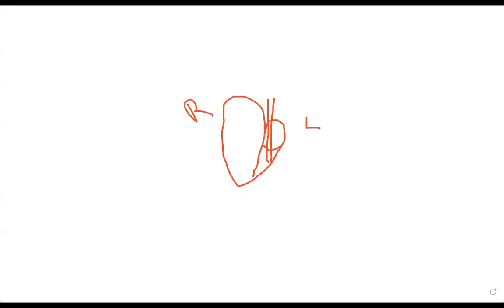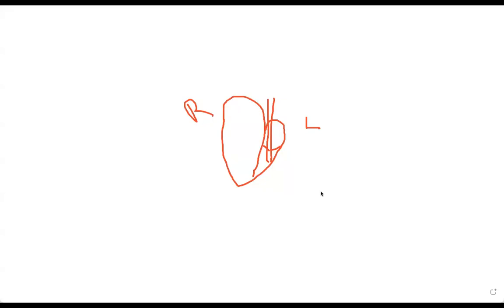But first of all, you are looking at the picture. You see what our heart looks like, and here normally both sides are approximately equal, with the left side a bit bigger than the right side.